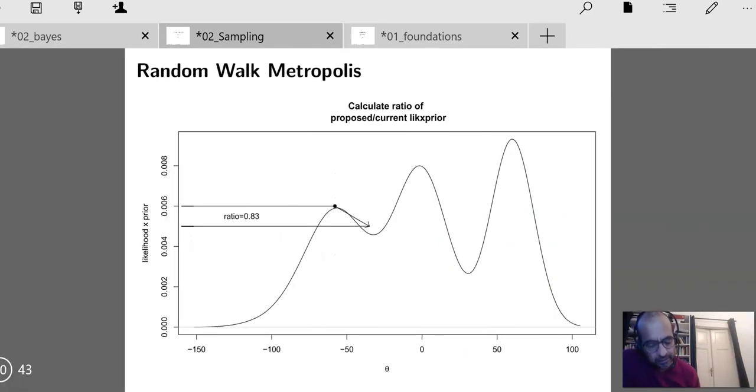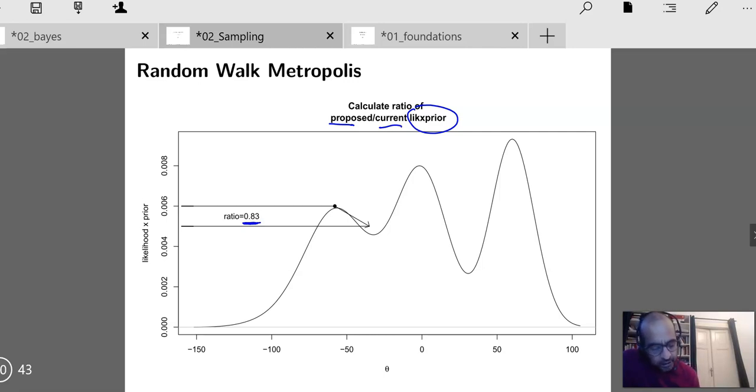So what I do now is compute the ratio of the proposed to current likelihood times prior, like I showed you earlier. Now if I compute that and I get a smaller likelihood here, likelihood ratio really, right? So this can be seen as a likelihood ratio that I'm getting.